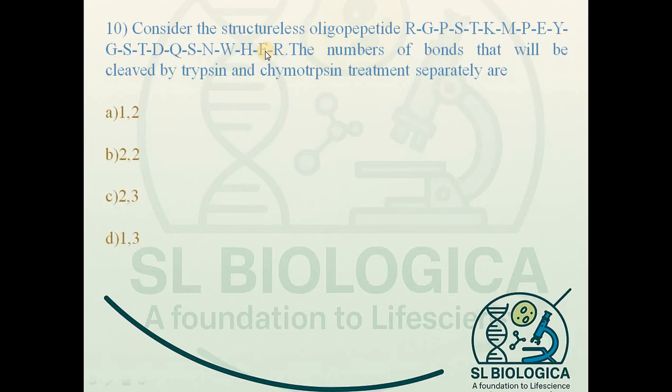So from here, it will cleave at the tryptophan C-terminal end, then at the tyrosine position, because W indicates tryptophan, an aromatic amino acid, and Y indicates tyrosine, also an aromatic amino acid. So chymotrypsin will cleave at 2 bonds. So the answer is option 1 and 2.